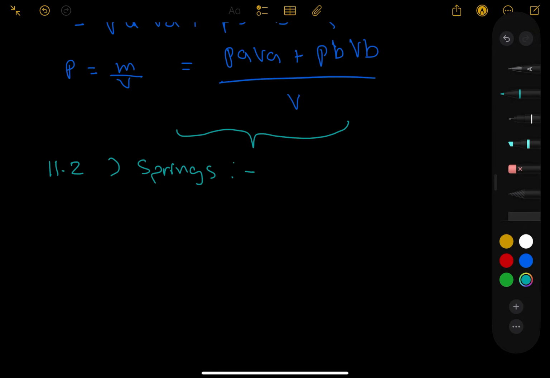And you can plot your tension against extension to get a graph, and the graph shows the force needed to stretch a spring is proportional to the extension of the spring, and this is known as Hooke's law.